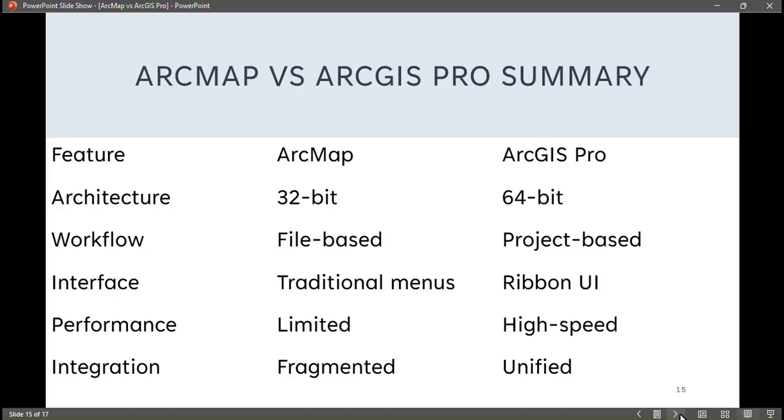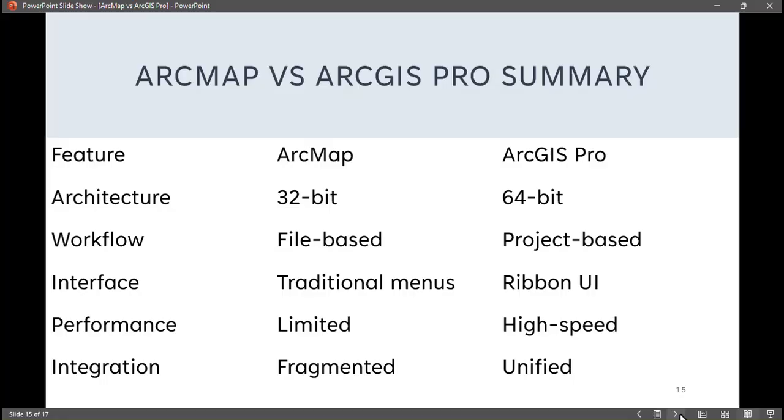So the workflow: while ArcMap is file-based, which we say MXD, ArcGIS Pro is project-based, .aprx. Once you check what the ArcMap document is saved as, you see .mxd. For the Pro, you will see something that relates to project, .apr-something. I can't really cram that now, but you will know the difference.